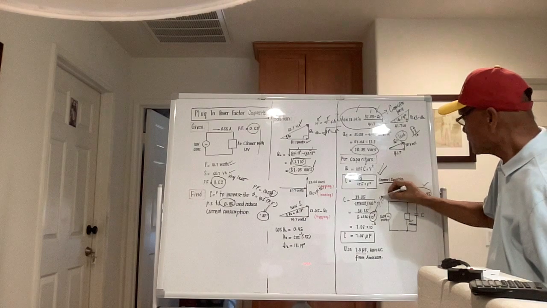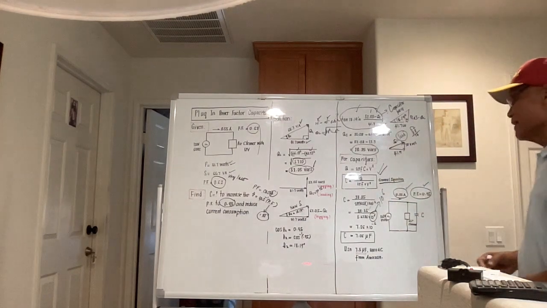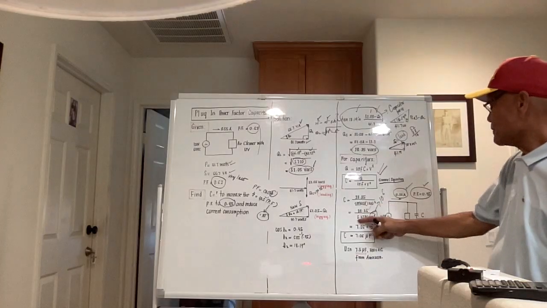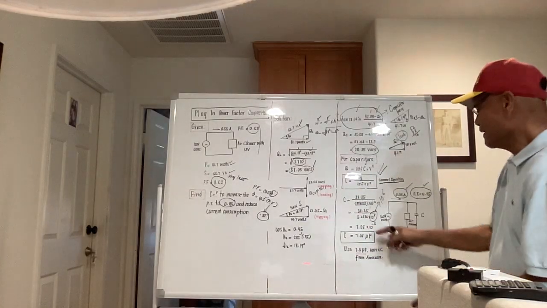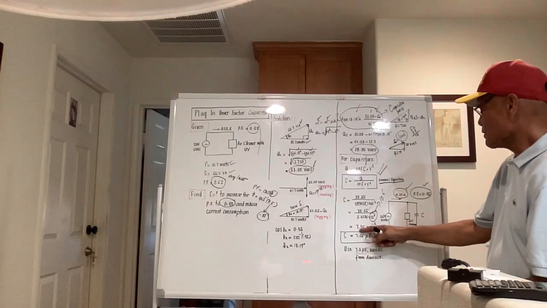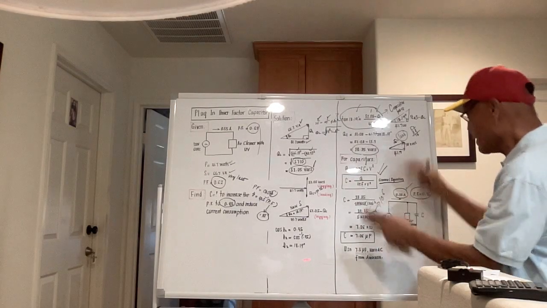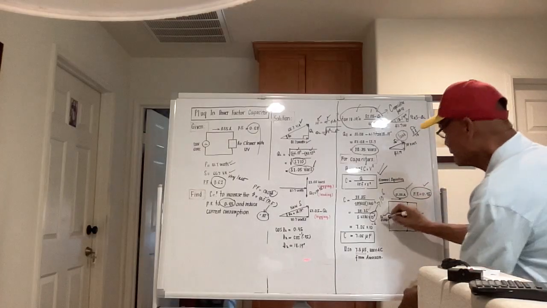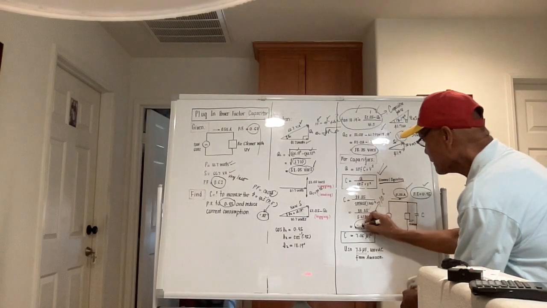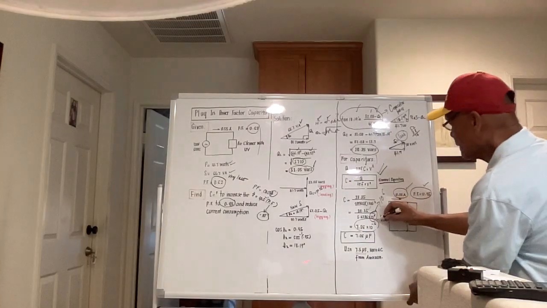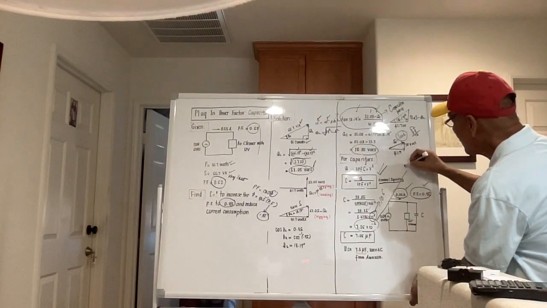This is a million, 10 to the 6. If we divide 38.35 over 5 something, what comes out is 7.06. And the exponent of the answer is 7.06 times 10 to the minus 6. And this is referred to as microfarad.